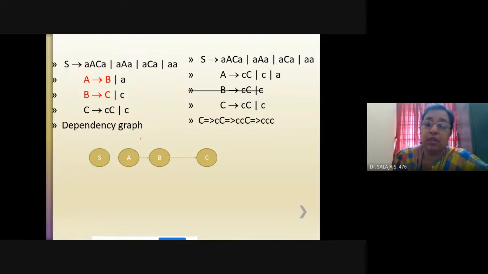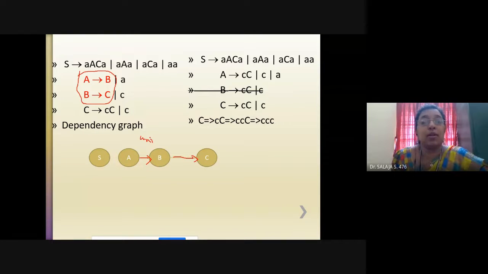We'll go ahead with the dependency graph of your unit production alone. If I have to have the dependency graph for the unit production, I have to only mark the dependency of these two productions. So every variable is denoted as a node here. A has a unit production which produces B. B is another variable which has a unit production which produces C. So this is the dependency graph which represents the unit production.